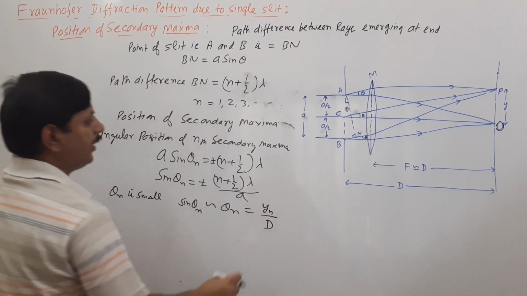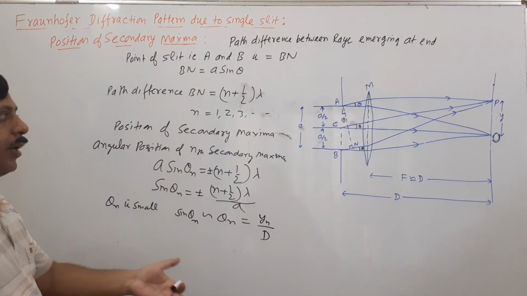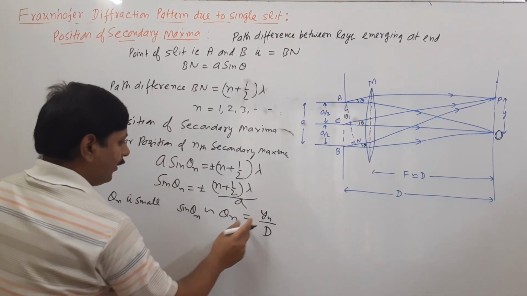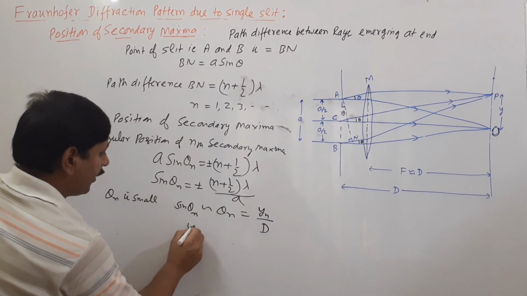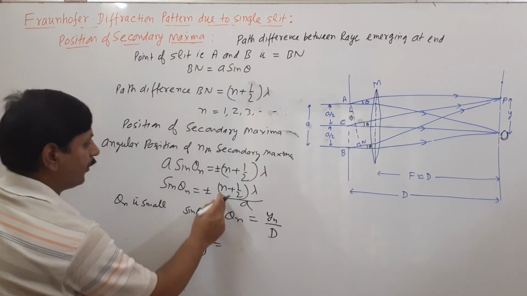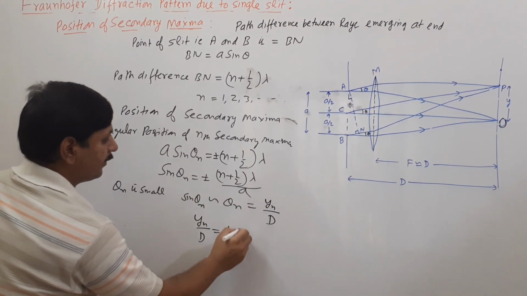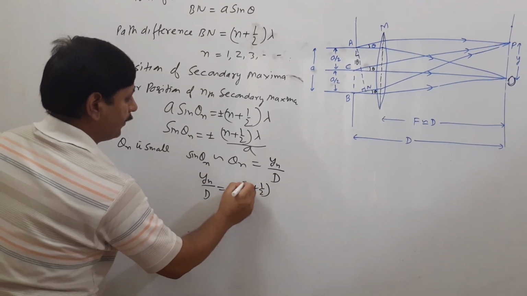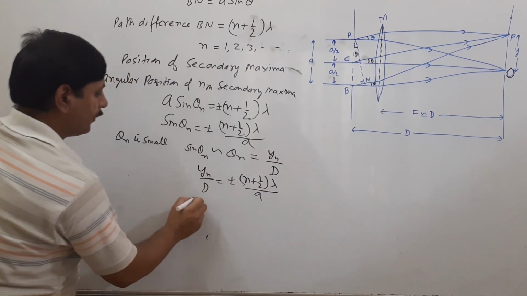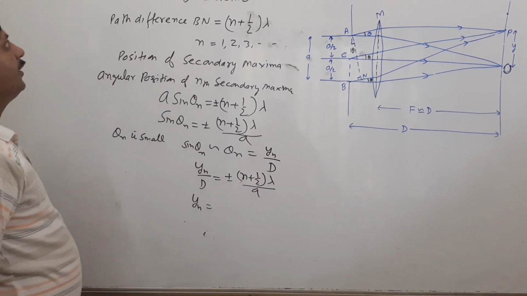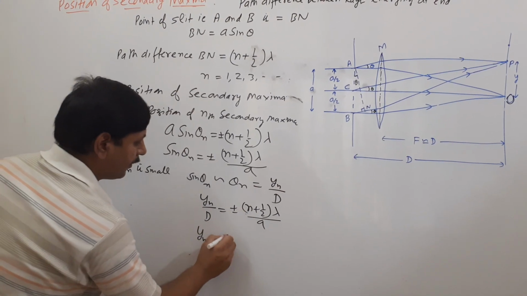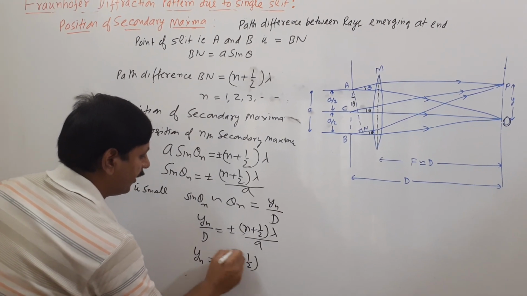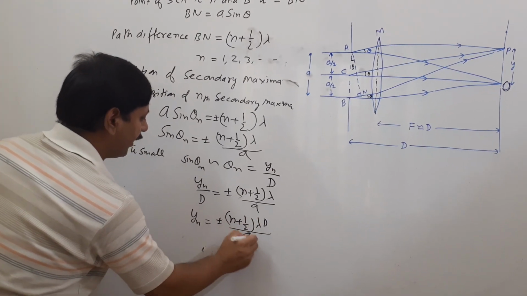Keep in mind, d is almost equal to the focal length of the lens. So if you are writing here, yn upon d is equal to what? Plus minus n lambda upon a. So the nth position of secondary maxima formula will be (n plus half) lambda d upon a.